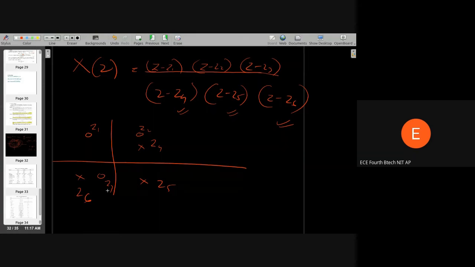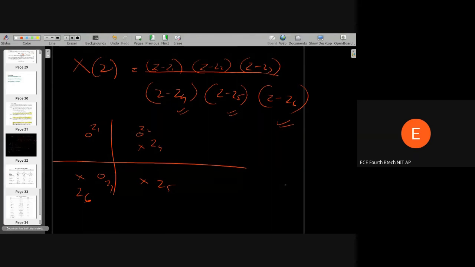Now there are two very important cases that you should look into. What is the effect of having conjugate poles and real poles? Why conjugate?